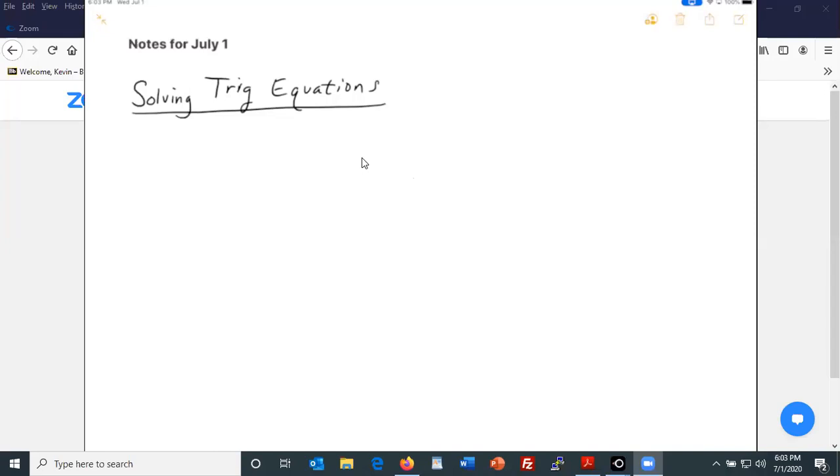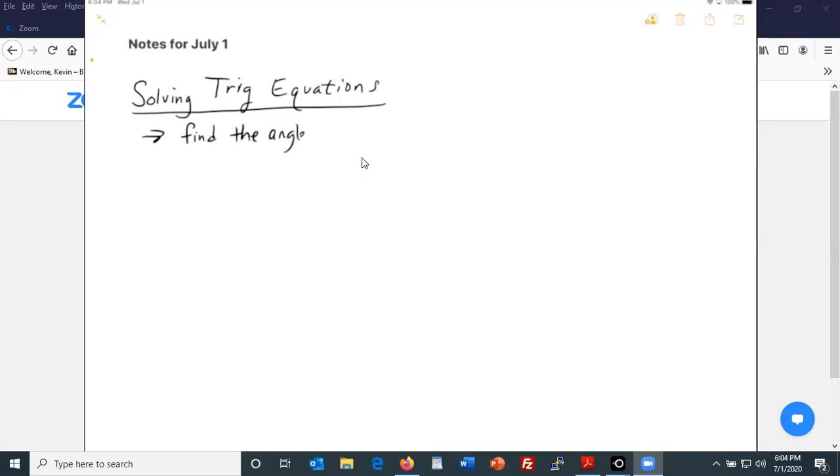Okay, so you see on the screen there, our topic for tonight is solving trig equations. Solving trig equations is very similar to solving regular equations with one difference. And of course, the difference is finding the correct angle or angles that satisfy the equation.